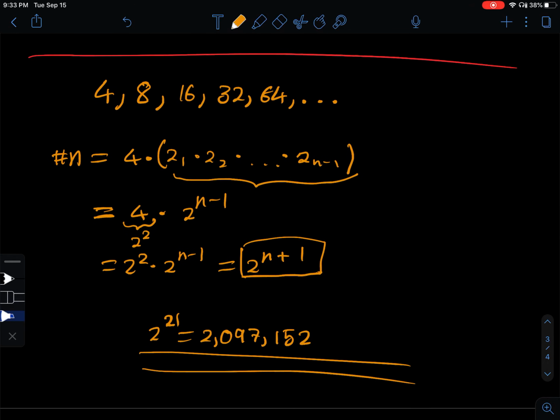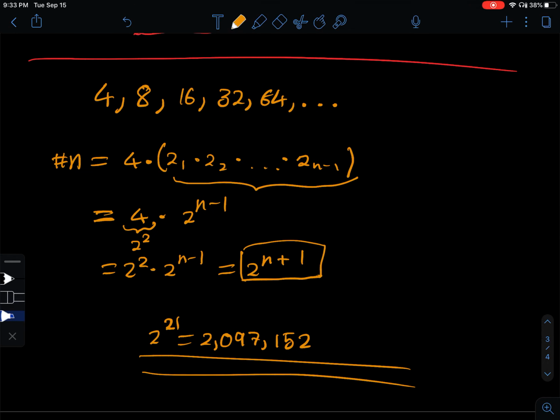Now, why did it become so big in 21 terms? Imagine if this was arithmetic and not geometric. If it was just 4, 8, and instead of 16, if it was 12, and then after that 16, and then 20. So instead of multiplying by 2, you add 4 each time.